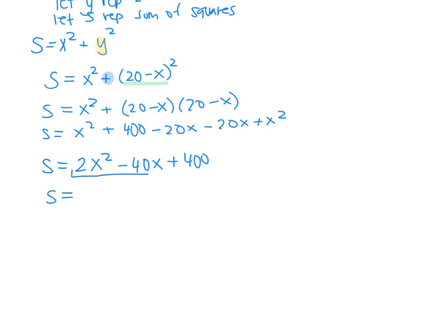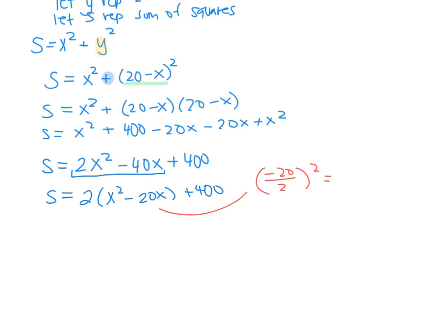So step 1 is to factor out just the a value, which is 2, from the first two terms. Now I'm going to take this negative 20 and I'm going to divide it by 2 and square it so that I get negative 10 squared, which is 100. So I'm going to add and subtract 100 to my bracket.